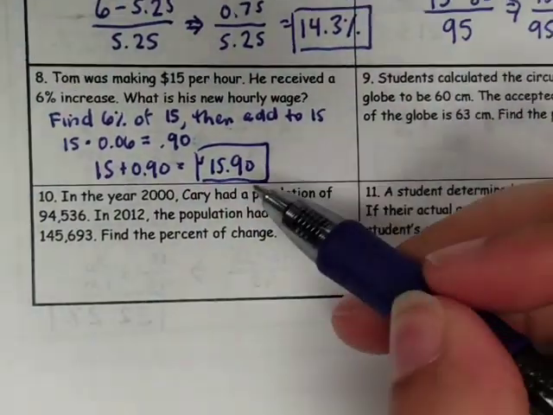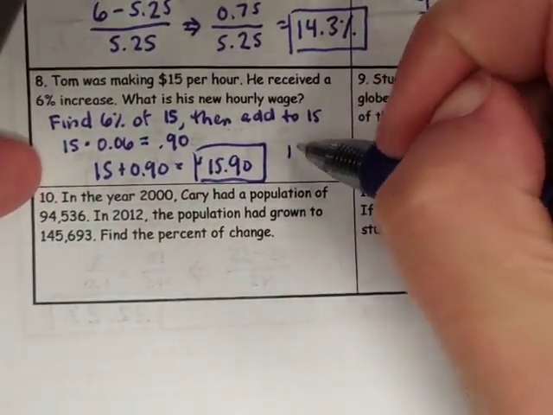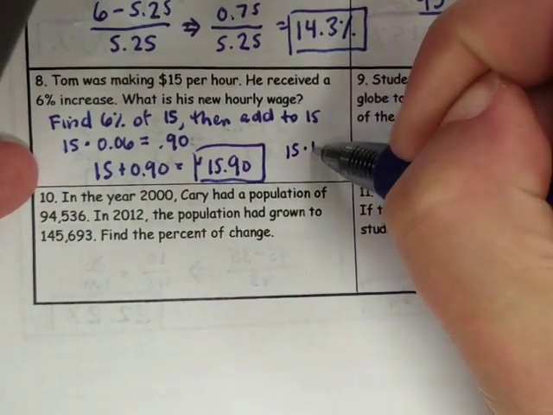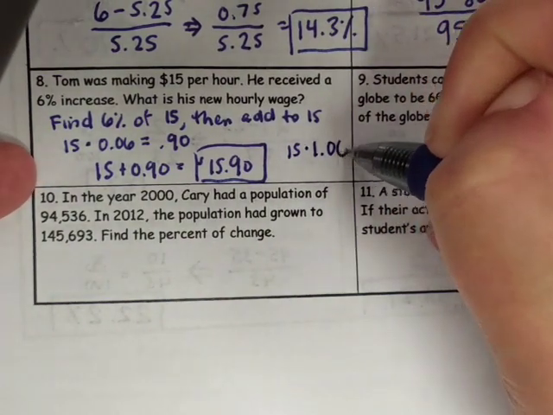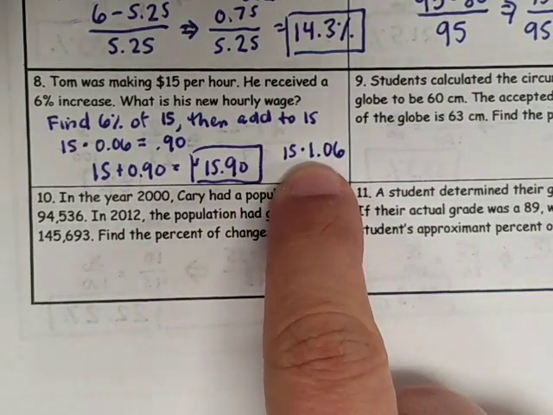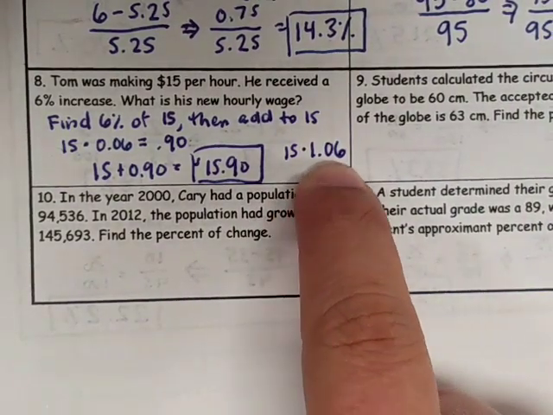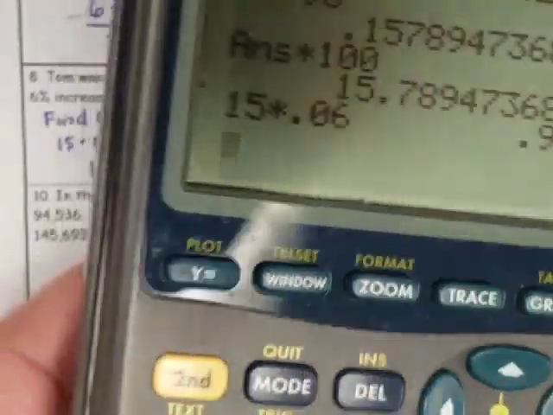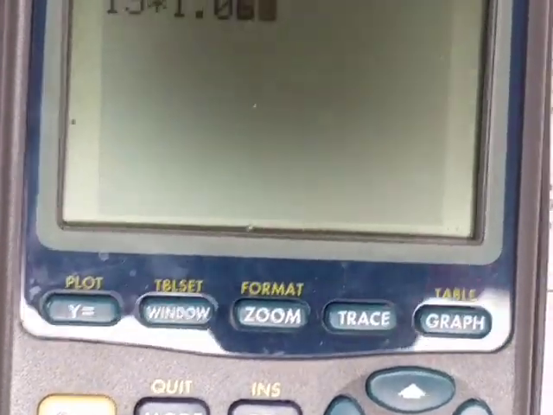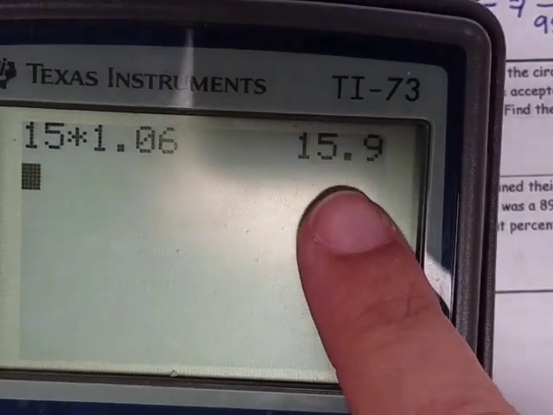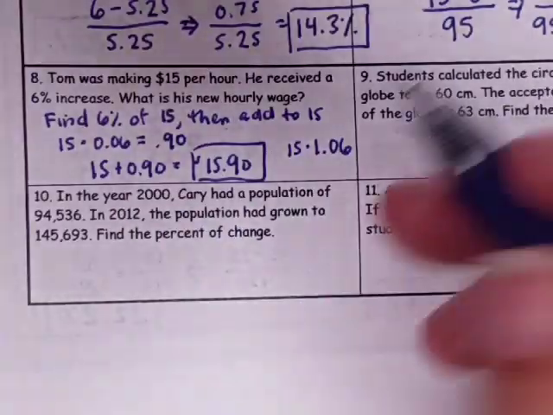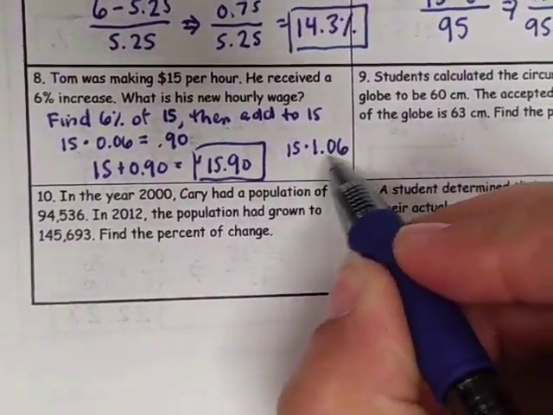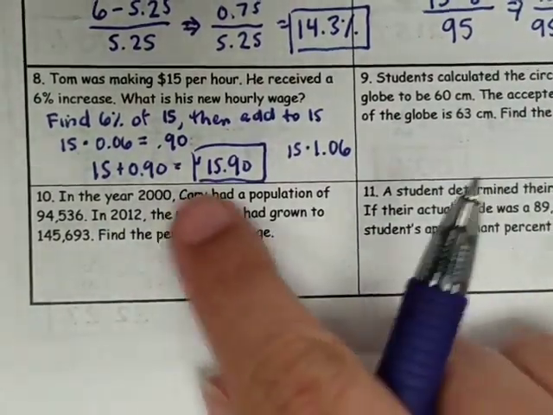A faster way to do this is just take 15 and multiply by 1.06 because that's the 100%, that's the 15, and then that's the 6%. So this right here is going to get you right to that answer. So 15 times 1.06 gets me right to the $15.90. So both ways work. This is just a faster way. If you like this way, just stick with it.